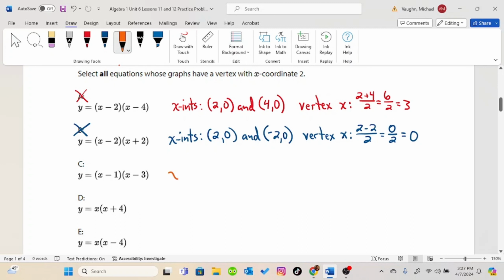Choice C. The x-intercepts, the first one will be 1 because 1 minus 1 is 0. The second will be 3 because 3 minus 3 is 0.